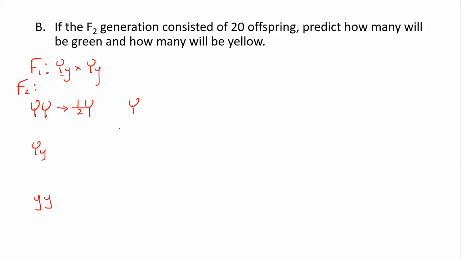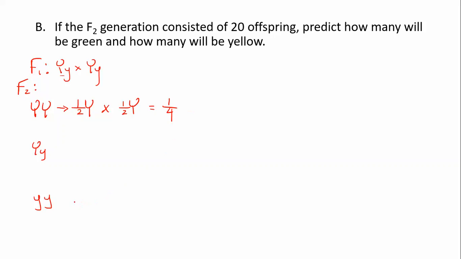What's the probability of getting the dominant gene from the second parent? Also half. The probability of both of those events happening, getting the dominant allele from one parent and the dominant allele from the other parent, is found by multiplying the two. So that means that our probability of getting a homozygous dominant is 1/2 times 1/2, which is 1/4.